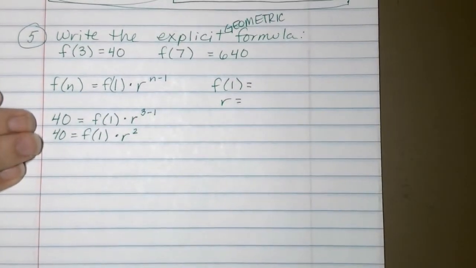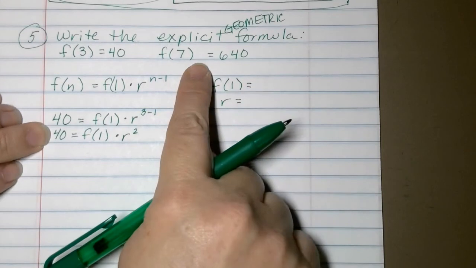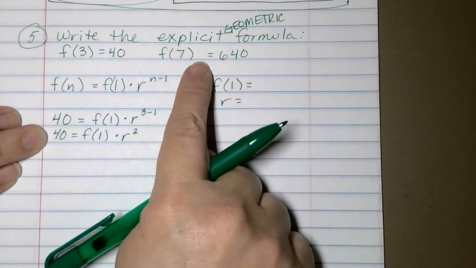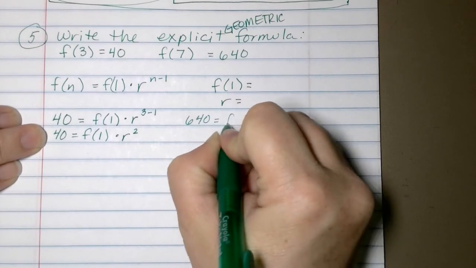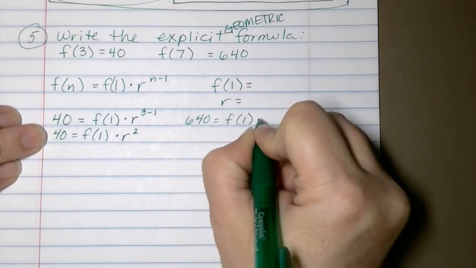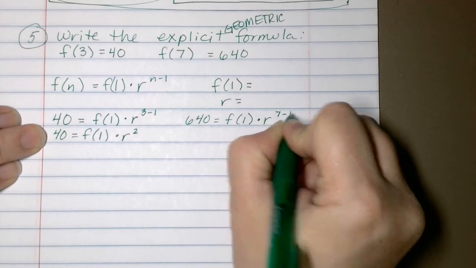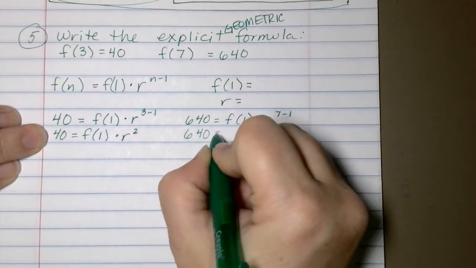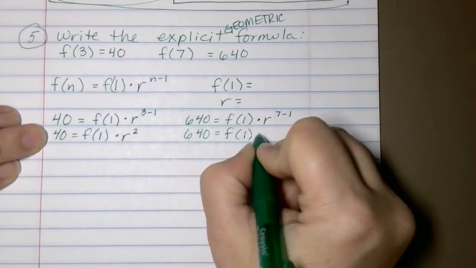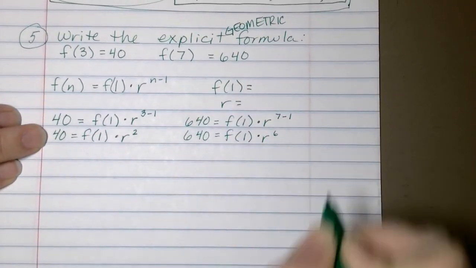Okay, let's do the same thing with the other point. What does this one become? 640 equals f of 1 times r to the 7 minus 1, which simplifies to 640 equals f of 1 times r to the 6.